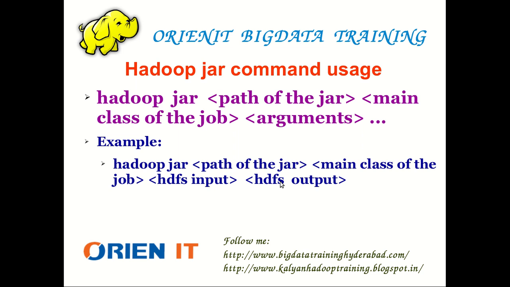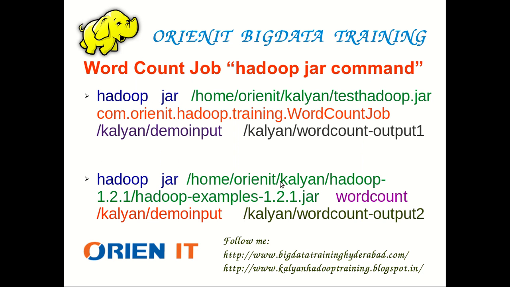So the simple command in an exact pattern is: hadoop jar, the path of my jar, maybe where it is located in my local machine, that is home/orienit/kalyan/test/hadoop.jar. Suppose my jar name is test hadoop.jar, and after the path of the jar I need to give the main class of the jar.